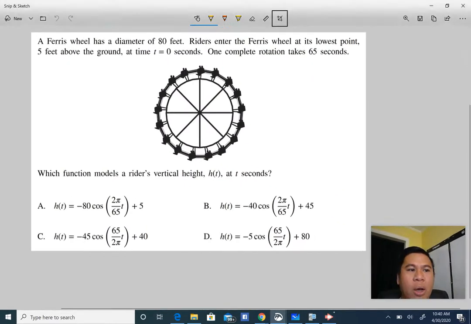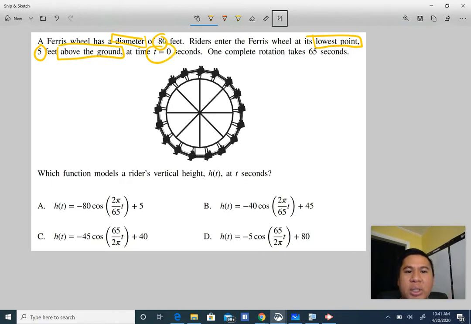We are now on our first example. It says a Ferris wheel has a diameter of 80 feet. Riders enter the Ferris wheel at its lowest point, which is 5 feet above the ground, at time t equals 0 seconds. One complete rotation takes 65 seconds.